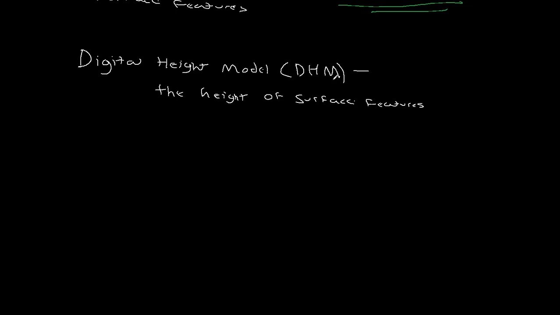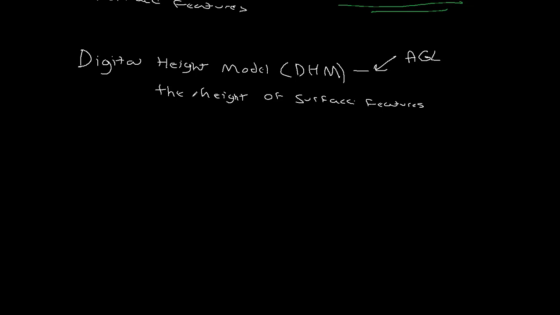When I say height, it's generally a reference to above ground level. So the DHM is the above ground level data, not ABGL, just AGL.